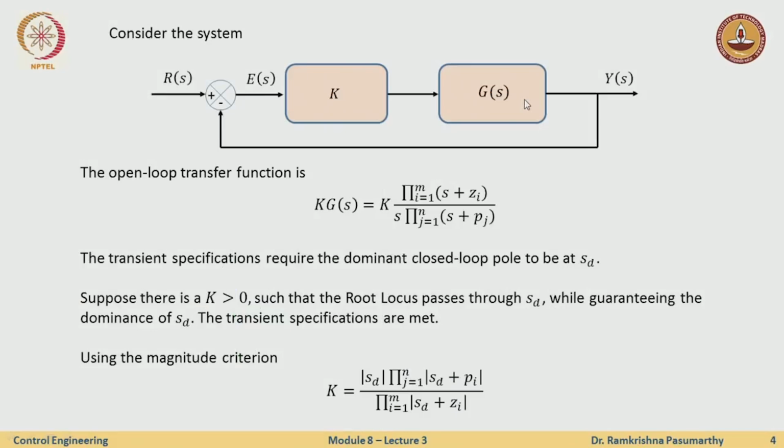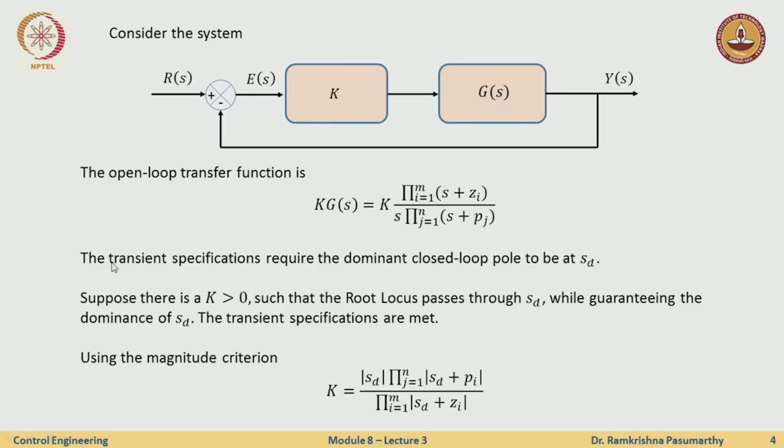Okay, let's see how we can do that. So consider again a standard closed loop system. I have the error, a gain k, a plant G. The open loop transfer function is given by this, where G has a set of zeros, a pole at the origin, and a set of other poles.